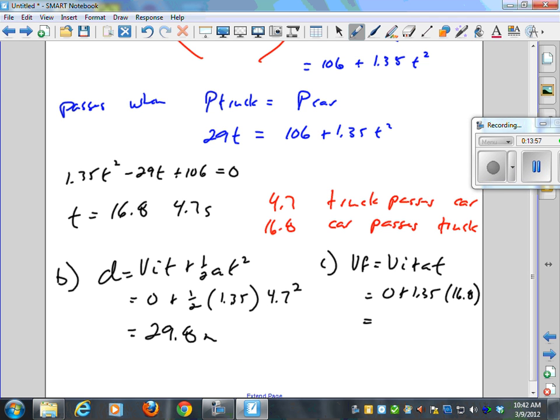45.4. I have a question. How come when you put the acceleration as 1.25? Good question. I don't know why. I wrote it. Yeah, that's wrong. Should be 2.7, right?